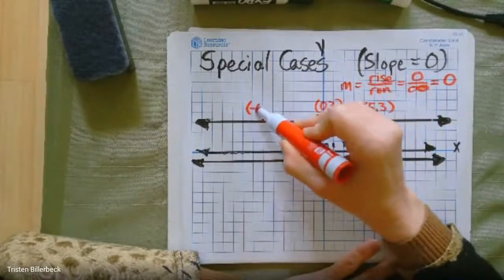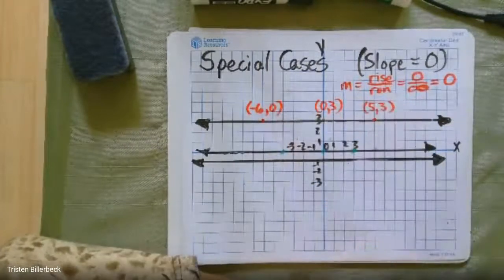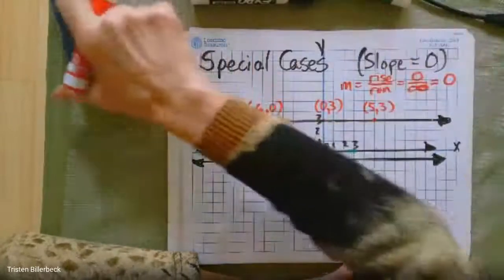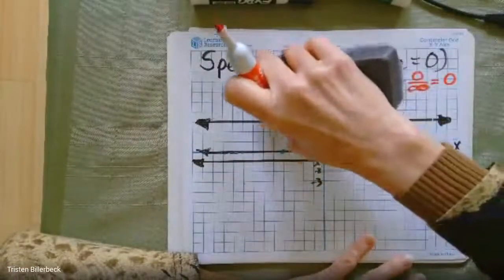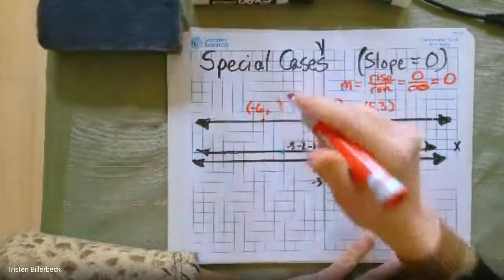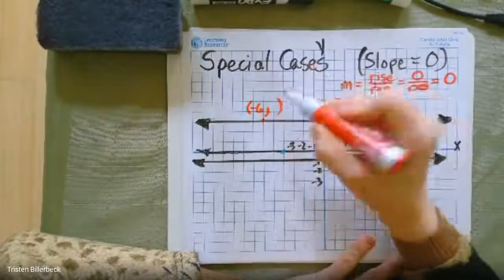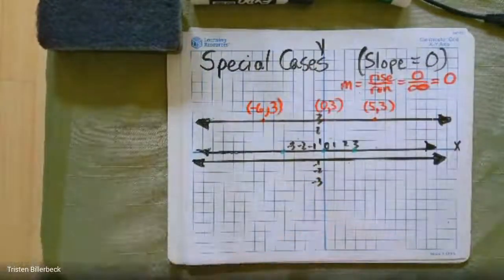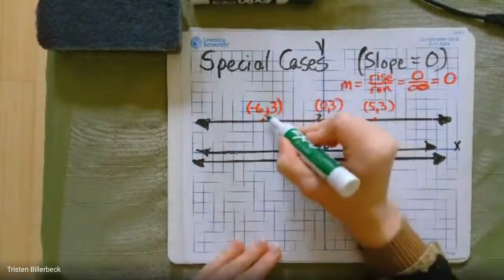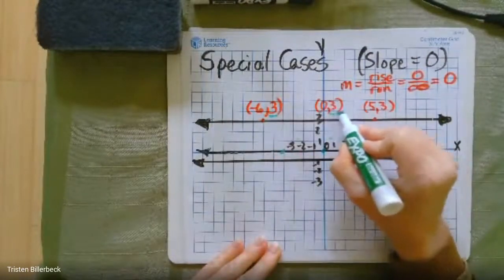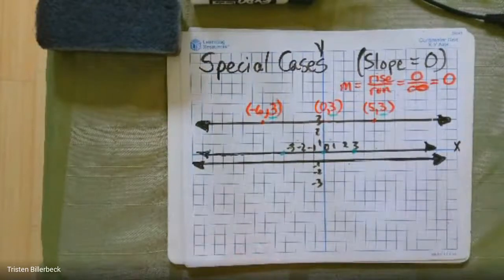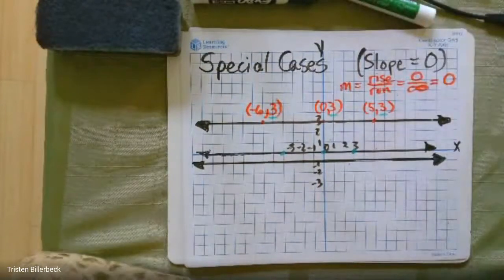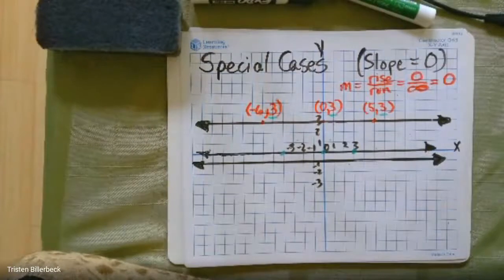So we have -6, 3. Look what they have in common. No matter what the x was, look what the y was. So it looks like no matter what we do, y is always 3. How would we say y is always 3 in math?